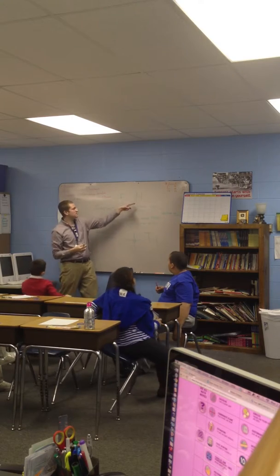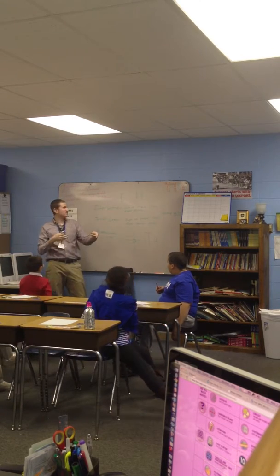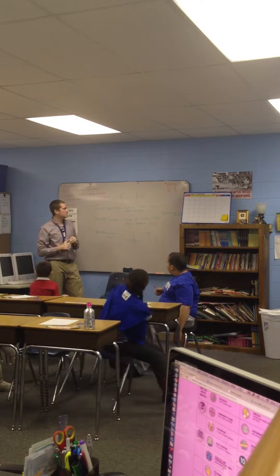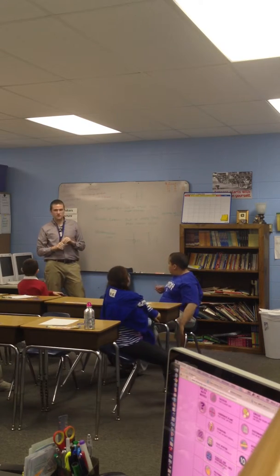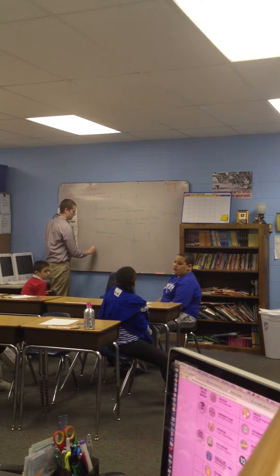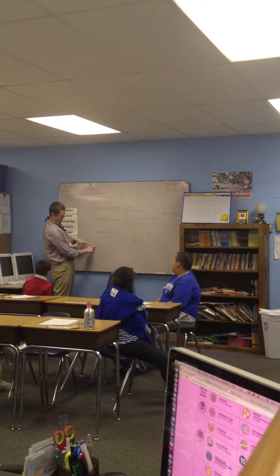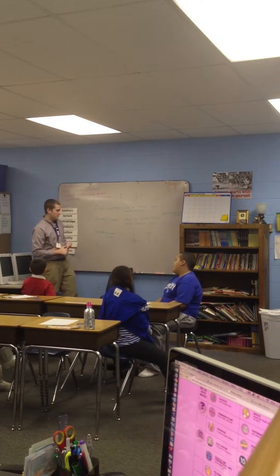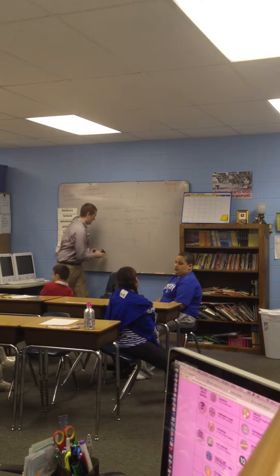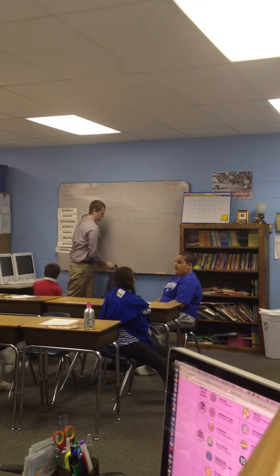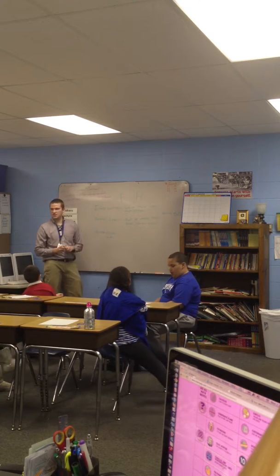There's parallel lines here. What else? Intersecting. Probably here and here are parallel. Okay. So I'm going to say perpendicular lines that intersect to make 90-degree angles or right angles.